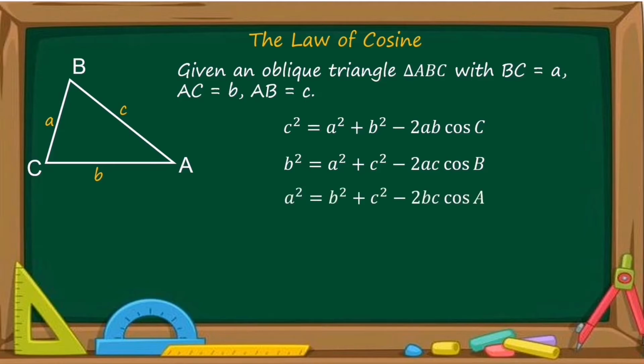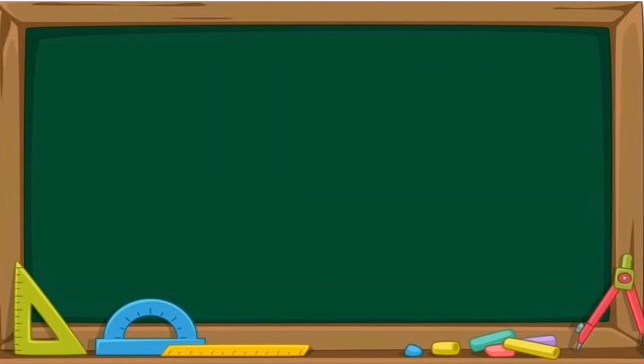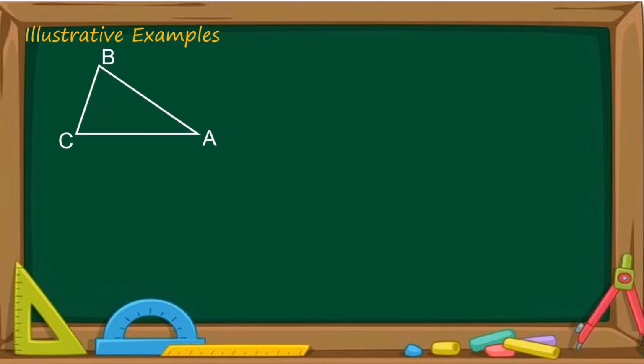And then lastly, a squared is equal to b squared plus c squared minus 2 times b times c times cosine A. And this is the formula in finding the measure of angle A or its opposite side, where the small letters a, b, and c represent the sides, and capital letters A, B, and C are the angles of any oblique triangle. Now let us use the law of cosines in answering these illustrative examples.